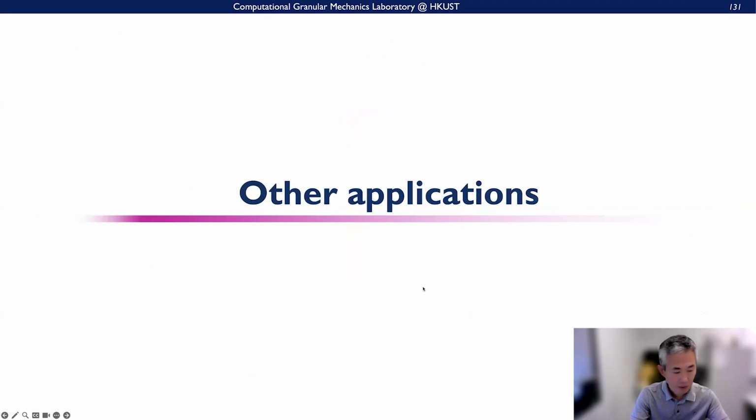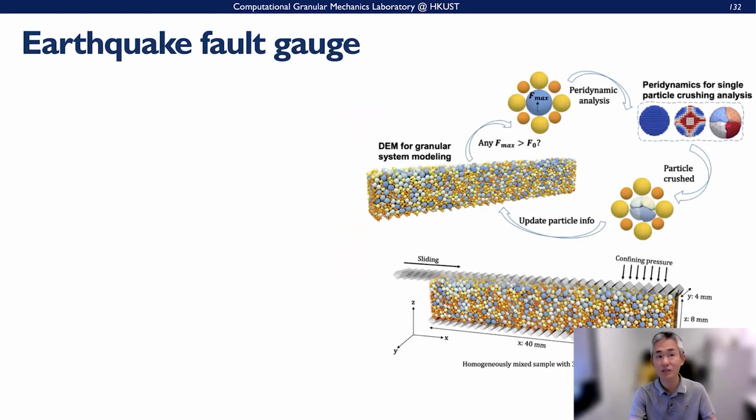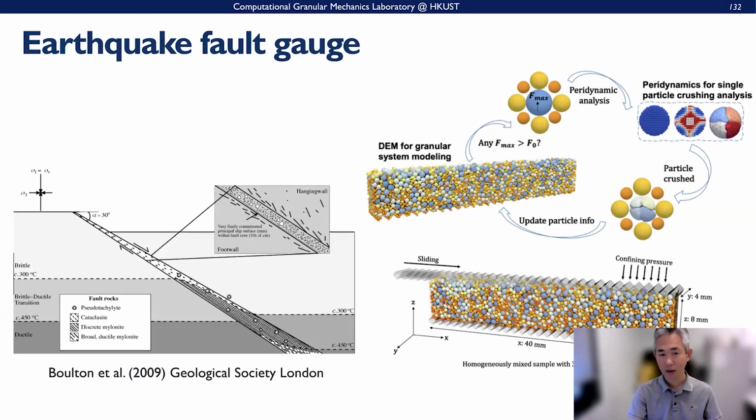I'm almost done, but I wanted to give you a quick show that there are also other applications where we can use the same strategies for crushing simulation. One thing, as I mentioned, is when we study earth fault gouge and look at this sliding plane. It's hot, it's high pressure, and it's shear sliding, and the particles can be crushed.